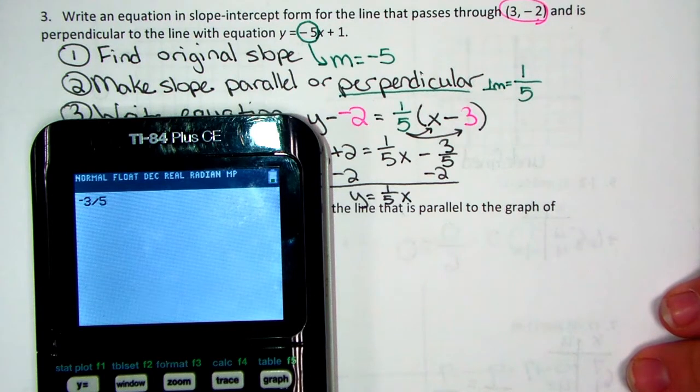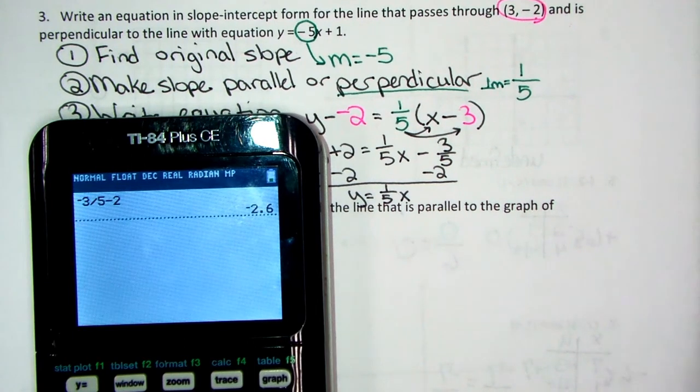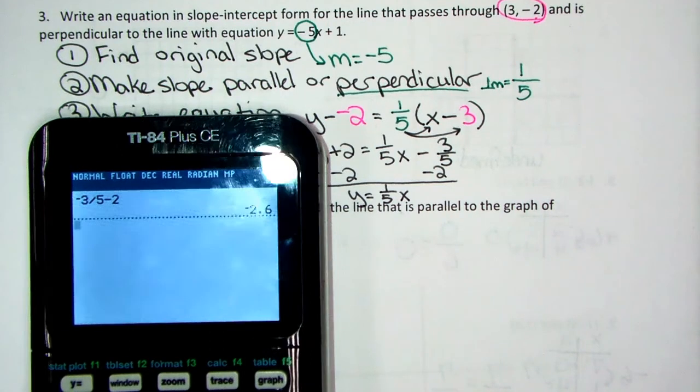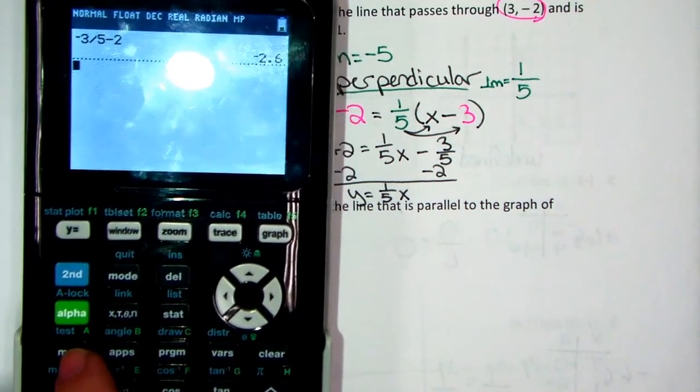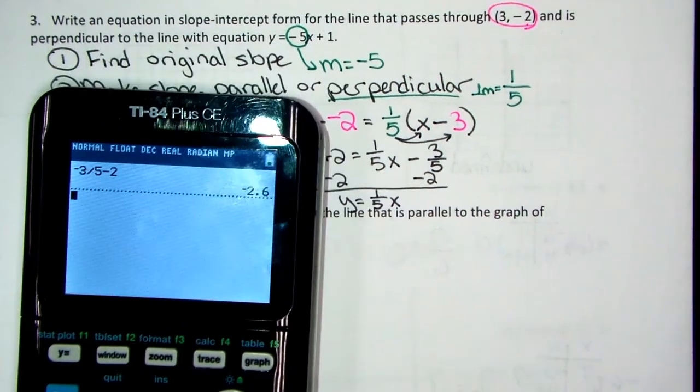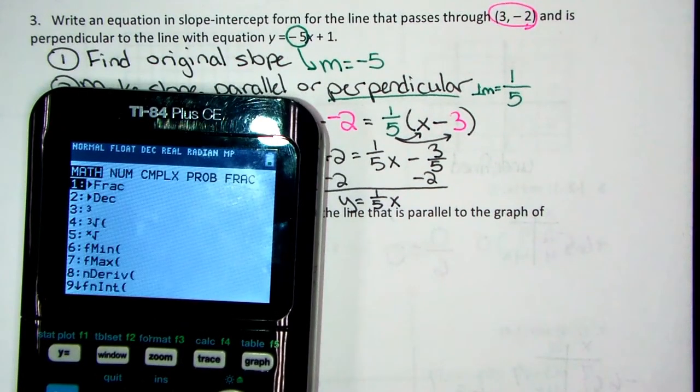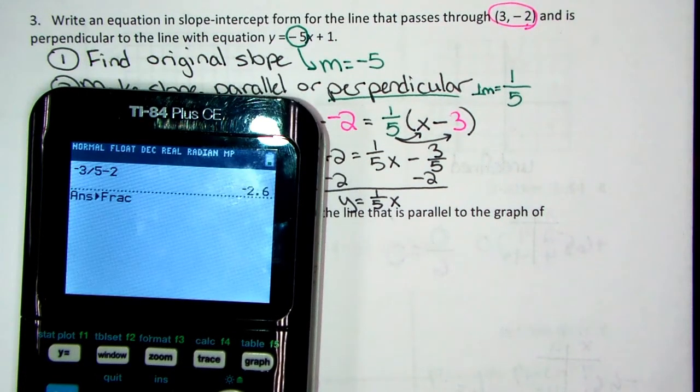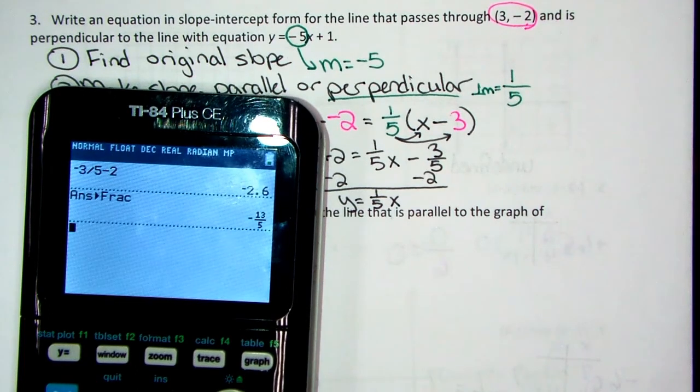I want to subtract 2. And it's going to give it to me as a decimal, but remember, we don't use decimals as our answers. We want to get in the habit of changing them back to fractions, and we do that by pressing Math. Remember, the Math button is right underneath Alpha. Math, and press Enter. It's option 1, and it'll spit out your fraction, negative 13/5.